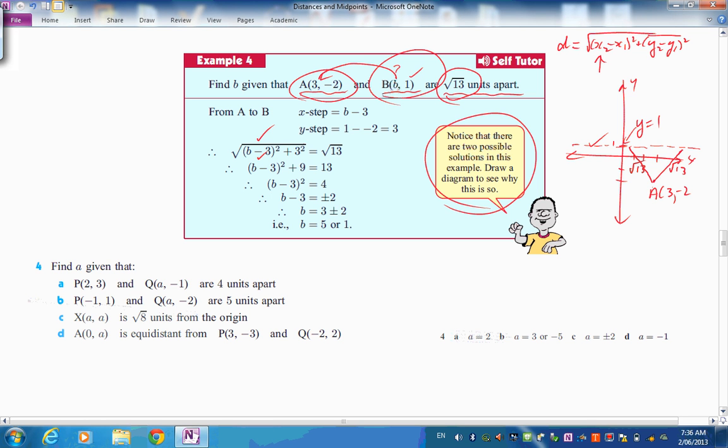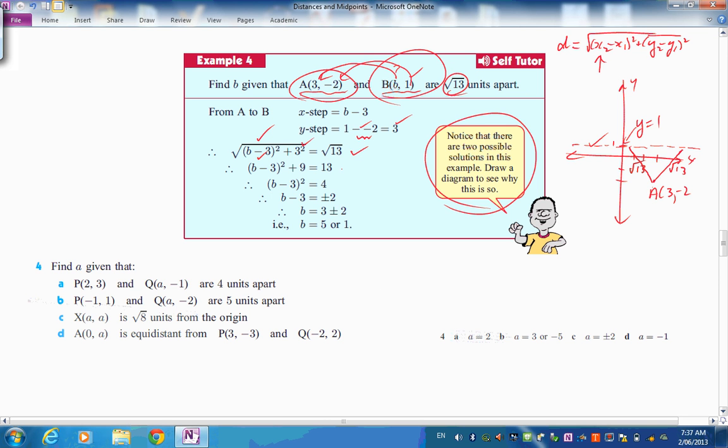So then let's do this one here, 1 take neg 2. And they haven't put the full steps in there. Oh yes, there it is. 1 take neg 2. Negative times a negative is a positive, so I get positive 3. So we get root 13 there, because we're told they've got to be root 13 units apart.